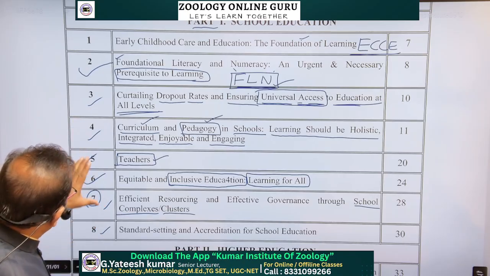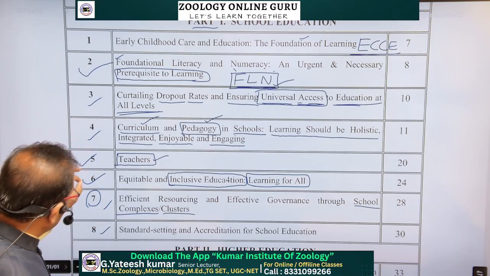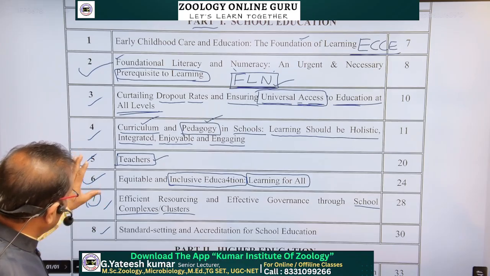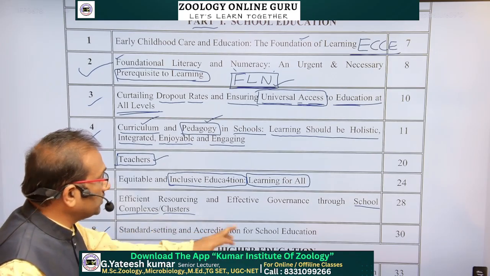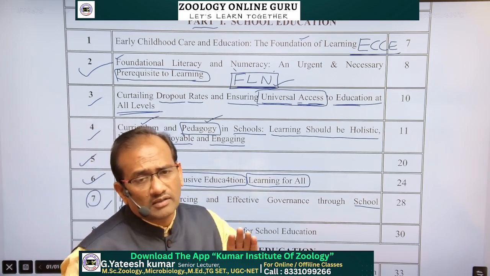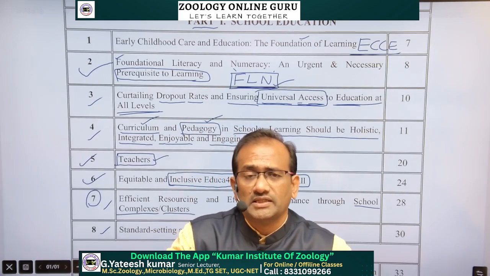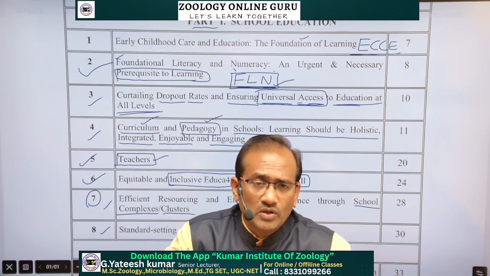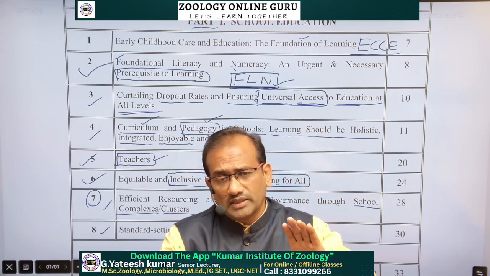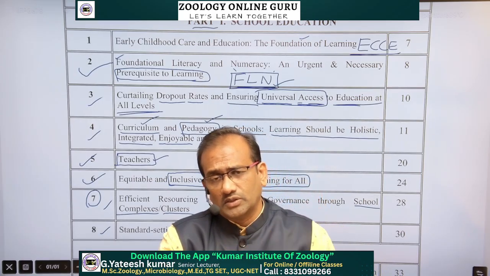And lastly, the eighth chapter in part 1, the last chapter in school education, is standard setting and accreditation for school education. So these are all the 8 chapters present in part 1, that is school education. So here you have to know each chapter and part also.